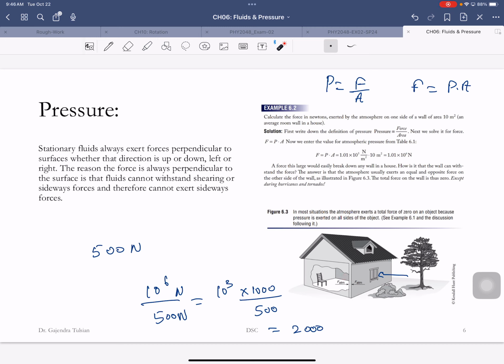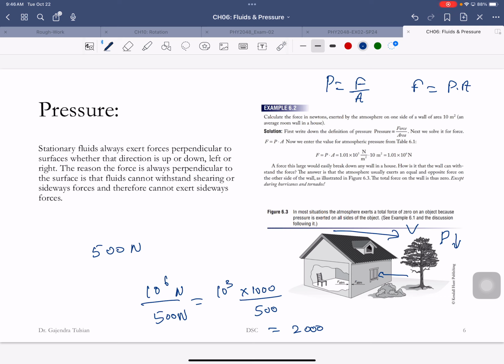Okay. So we live in Florida. We encounter hurricanes a lot. Now you will learn in the latter half of this chapter that when fluid moves, when you have hurricane force winds, when the air moves, the pressure drops.